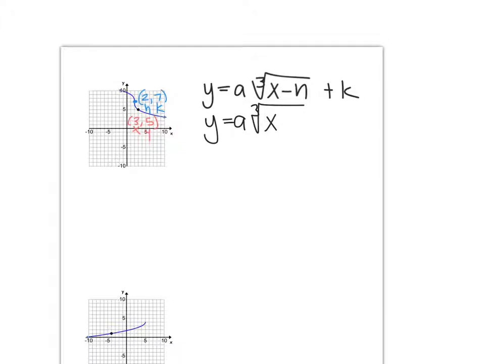H was a 2, so I'm going to have minus 2, and I'm going to have plus 7. In my next step, that's when I'm going to put in the y and the x. The x was a 3.